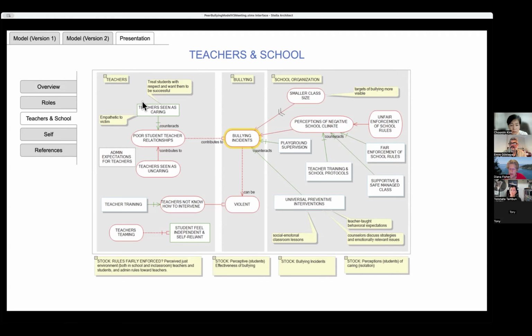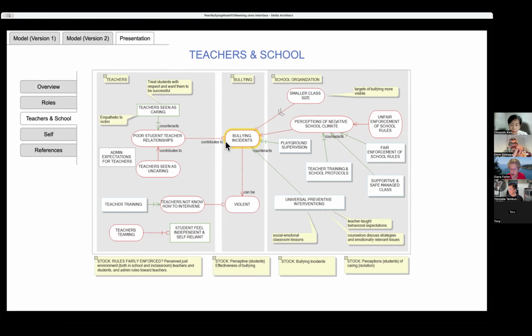Because there are many models here that could be built, we thought that the most productive model might focus on the school and bullying situations in the school. So we decided to use this particular diagram as the focus of trying to develop a stock flow model.